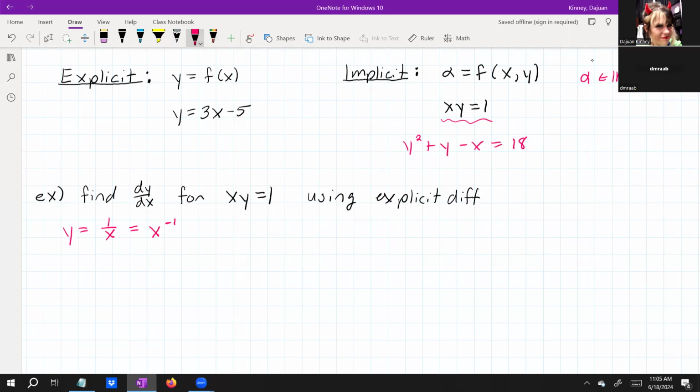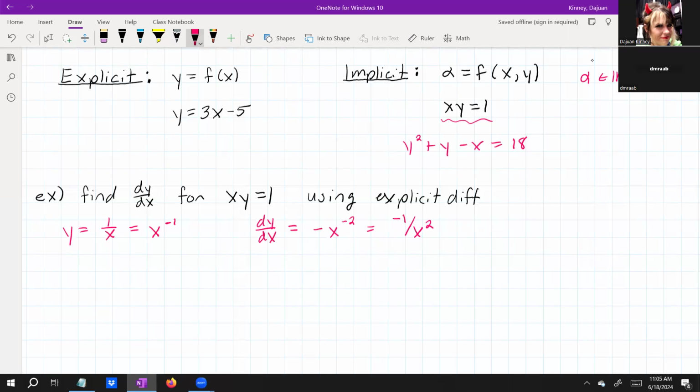And now we differentiate. So dy/dx equals, all right, we have a power rule. Bring our negative 1 in front. I get negative x, subtract 1 from the exponent to the negative 2, which I can write as negative 1 over x squared, as you will.